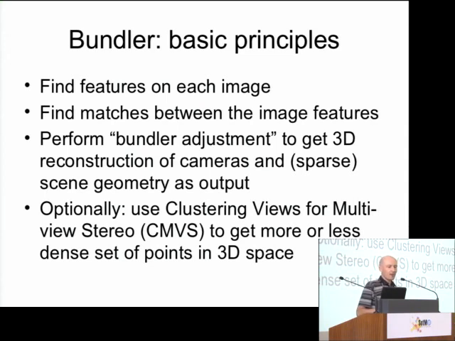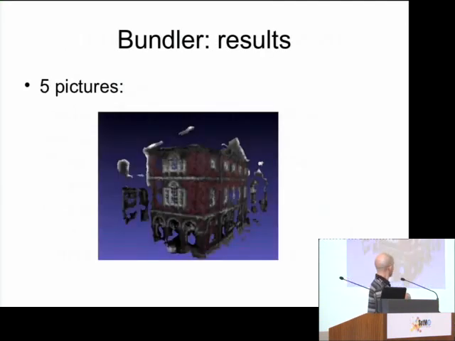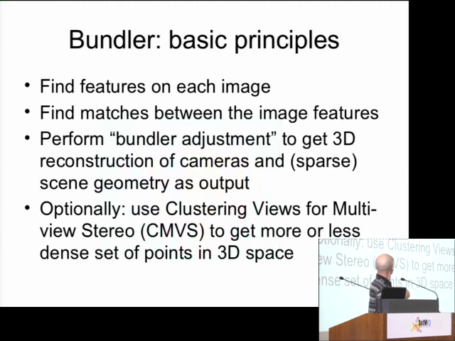Then, find matches between the features of each image. It means we take features from the previous step. There could be many thousands of features. And we take every feature on every image and compare it with every feature on every other image.